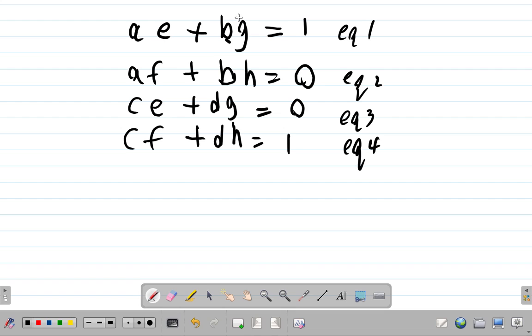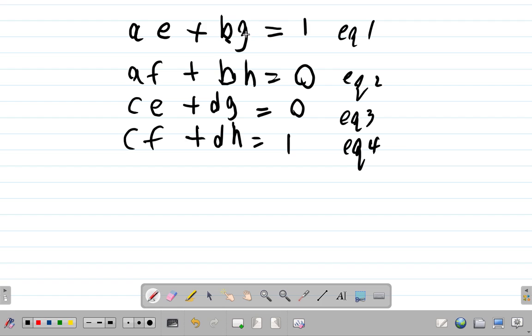We're going to transpose equation 1 to let G be the subject of the formula. We're also going to transpose equation 3 to let G be the subject of the formula. That way we'll be able to use it to eliminate G. You see?